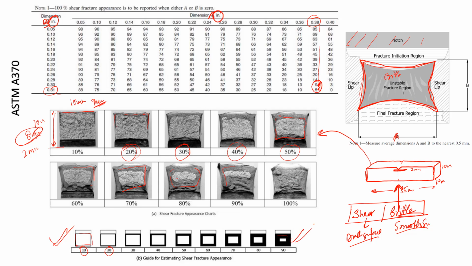So this is the standard, ASTM A370, which tells how to measure the amount of shear fracture. This will be helpful for those who are working in a laboratory, as they must be doing these things. This measurement is also used for DBTT, ductile to brittle transition temperature, or industrially generally FATT is used, fracture appearance transition temperature, right?